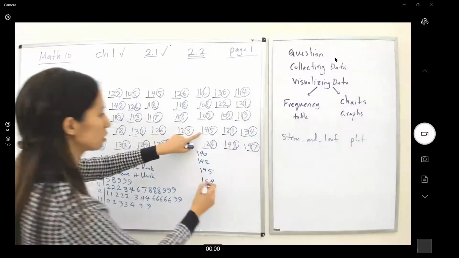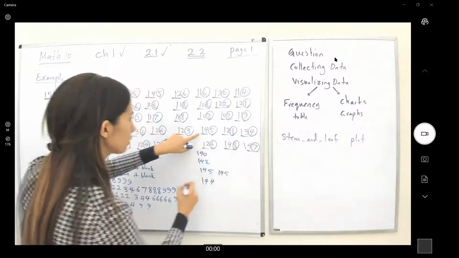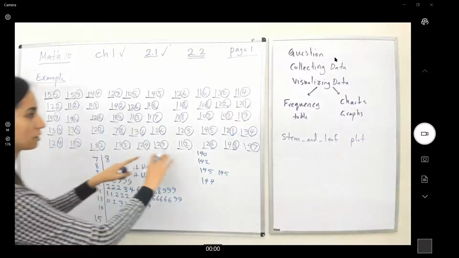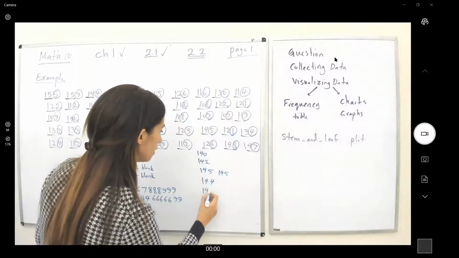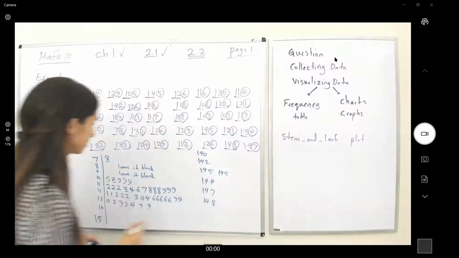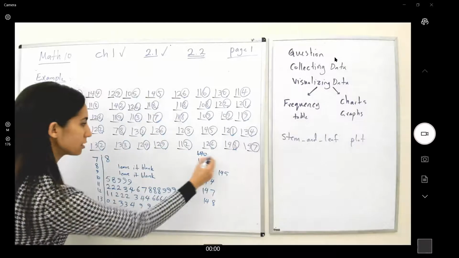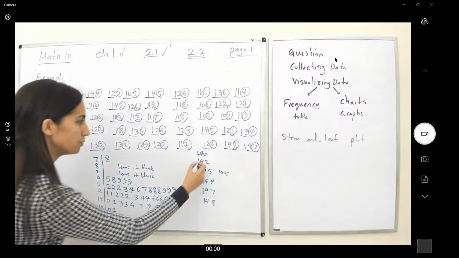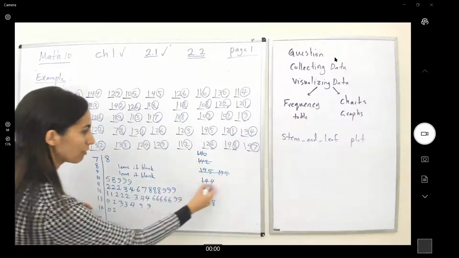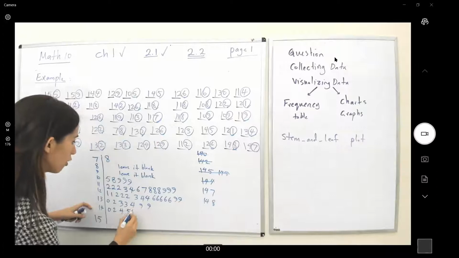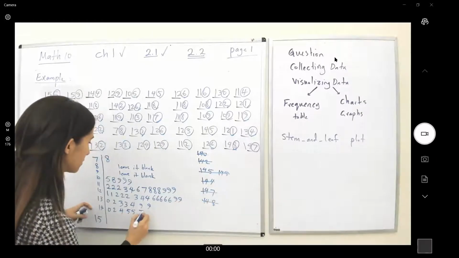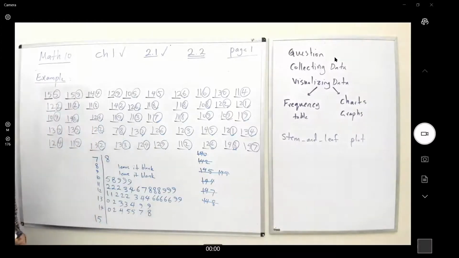I have 14.5, another 14.5. And I have, let's see, 14.7, 14.8. So 14.0, 2, 5, 5. Oh, we have a 4. So 4, 5, 5, 7, and 8. And finally, 15.4.